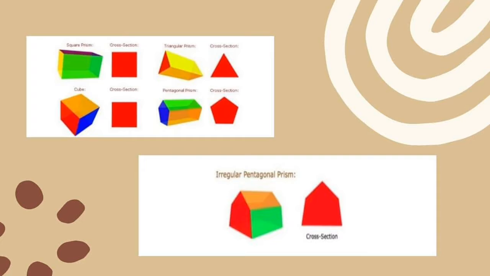As you can see below, we have here the square prism, cross-section, triangular prism, cross-section, cube, cross-section, pentagonal prism, cross-section. All of these are regular pentagonal prisms. Below, we have the irregular pentagonal prism and its cross-section.